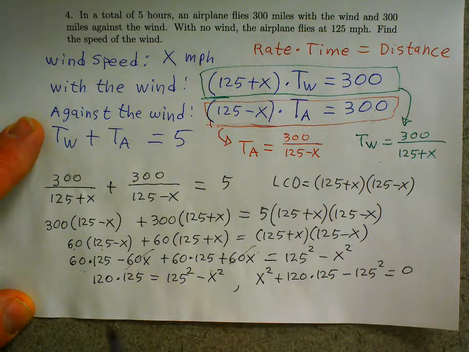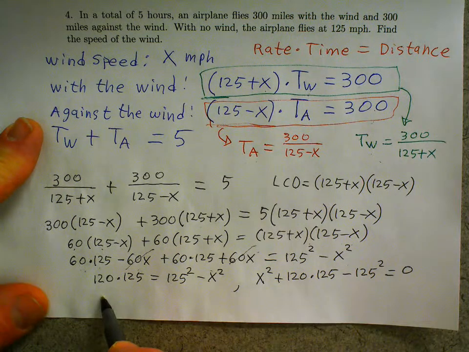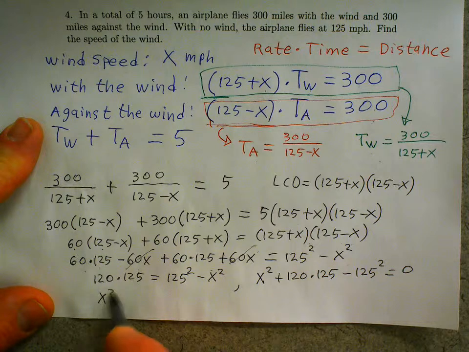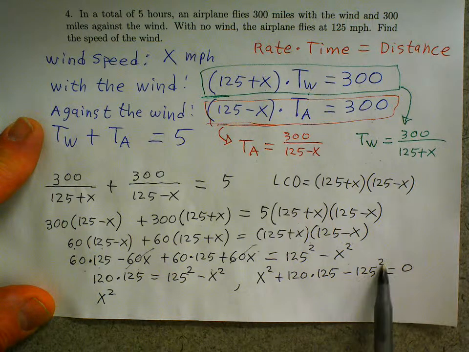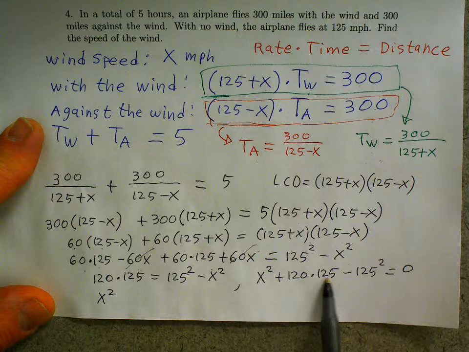Okay, then we get x squared. Out of these two terms, the 120 times 125 and minus 125 squared, I'm going to factor 125 out.